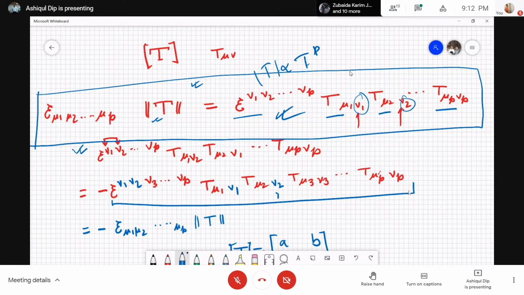And then convince people this is the usual definition, just written in a fancy way: that if something has the two properties that we proved, this relation will hold. Conversely, if something has two properties, that the determinant is proportional to T to the power p, and the other one, then yes, that relation will hold.